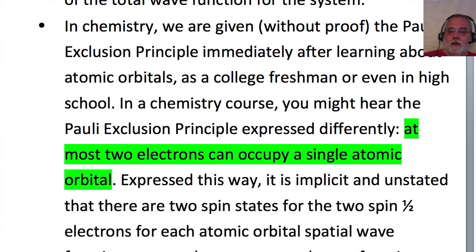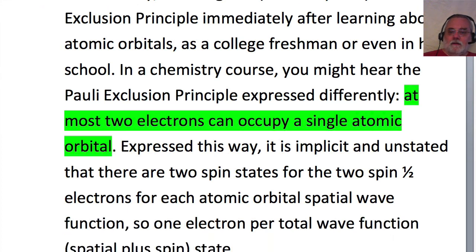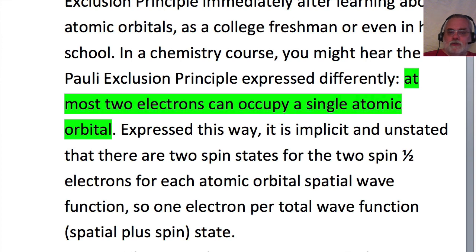In chemistry, we are given, without proof, the Pauli exclusion principle immediately after learning about atomic orbitals as a college freshman or even in high school. In a chemistry course, you might hear the Pauli exclusion principle expressed differently. At most, 2 electrons can occupy a single atomic orbital.